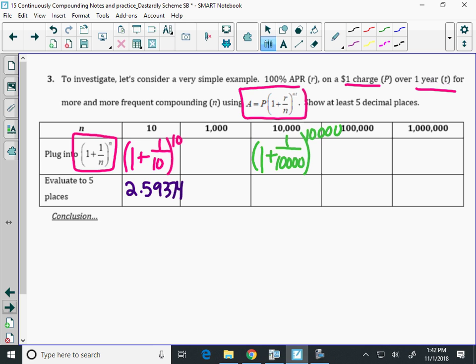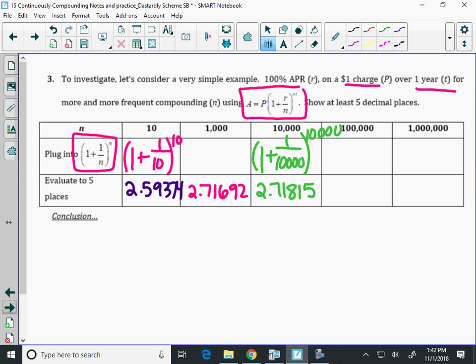My 1,000 group, what would be the number evaluated to 5 decimal places? 692. Good. So 2.71692. If you were not in that row, I would write that number down under 1,000. What about if you were in my 10,000 row? What decimal did you get? Yeah, 2.71815.